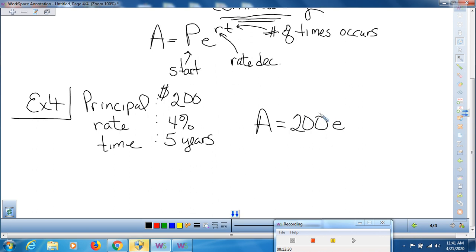E is a set number, since it says continuously in the problem. r, our rate in this case is 4%. So how do we write 4% as a decimal? That's 0.04. Remember, you're moving it over 2 places to the left. And we're going to times that by the number of years this is growing continuously, which is 5. Typing that into your calculator, you find that in 5 years your account will have $244.28.